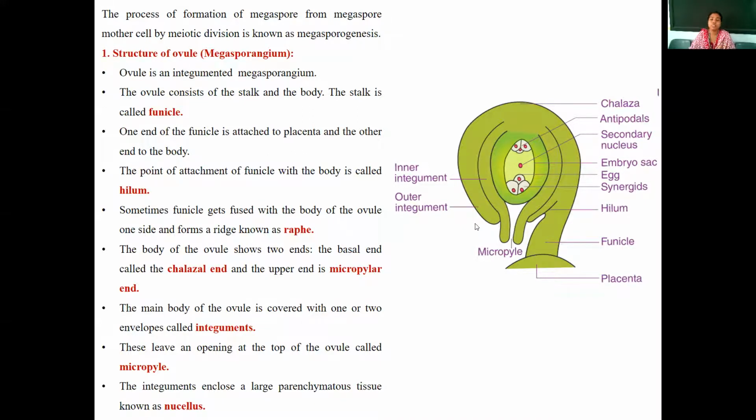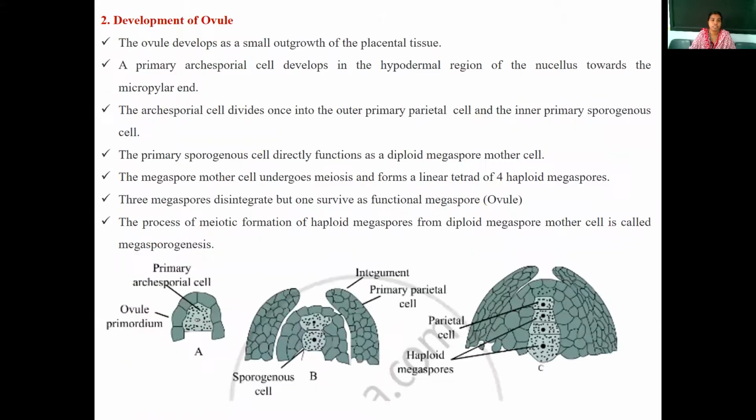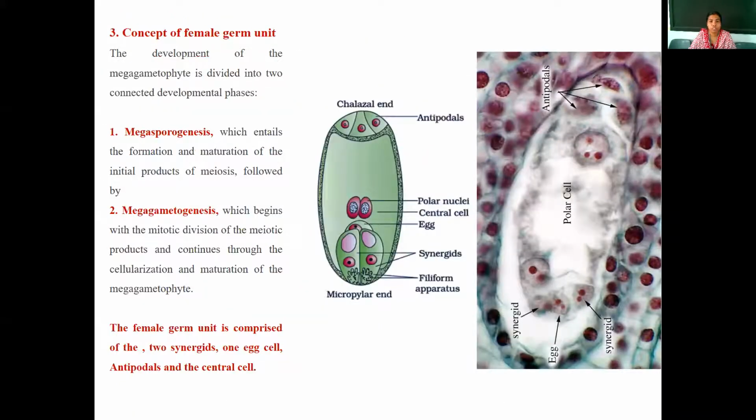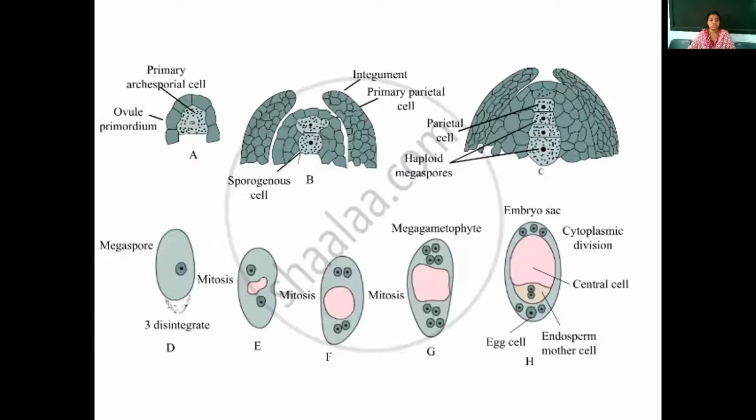Now how does this megasporangium produce a functional megaspore? How does the process of megasporogenesis take place? Let us discuss the development of ovules with this picture. From the placental tissue, the base of the flower, it develops an ovule primordium.